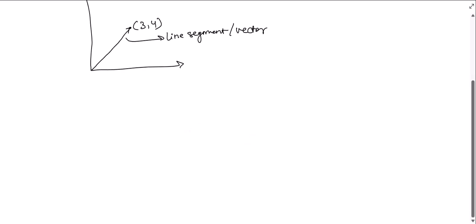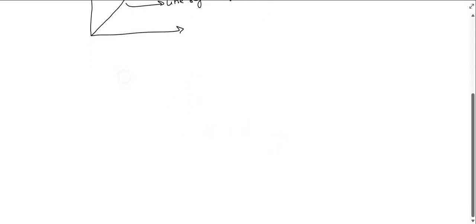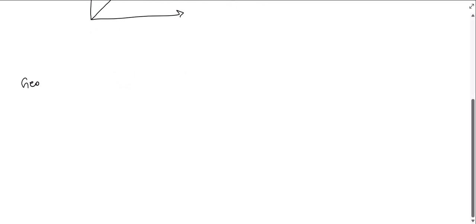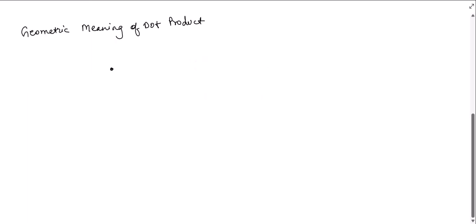Now, what is the geometric meaning of the dot product? So, let's say I have two vectors, A with x1, y1, and a vector B with x2, y2.